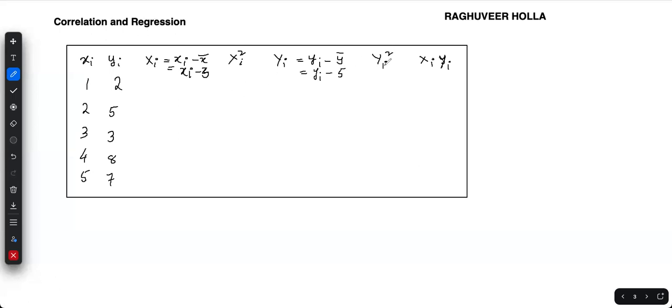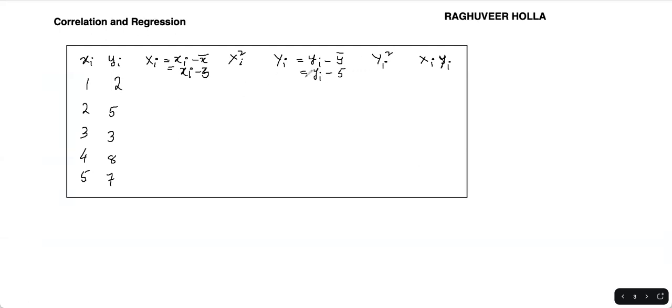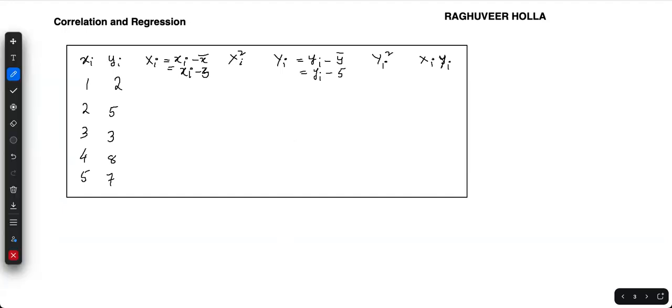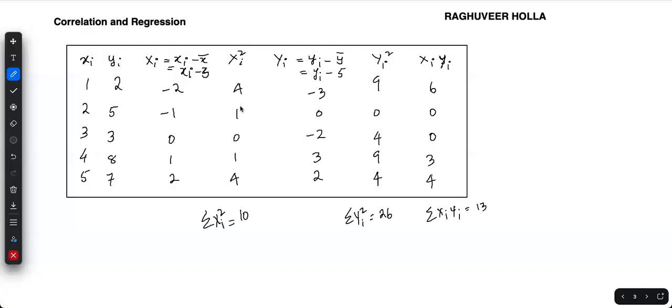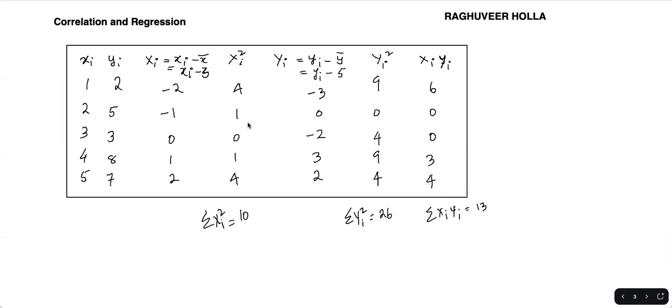Okay, so let us quickly find. So we got the required result.